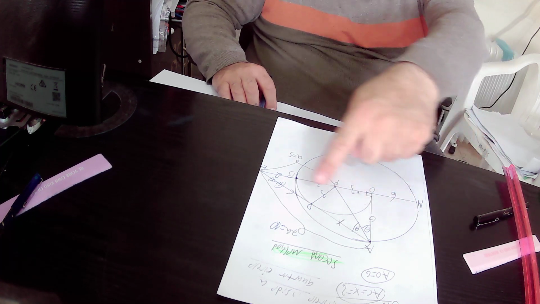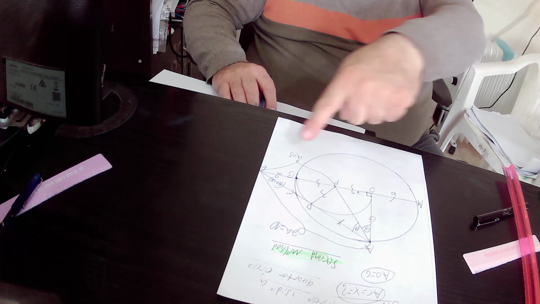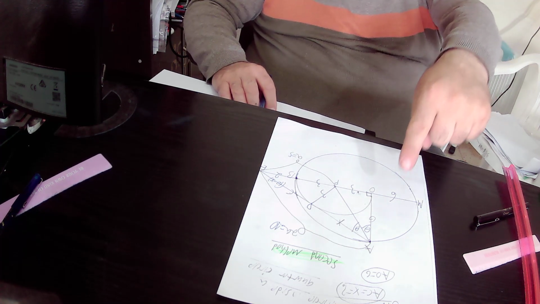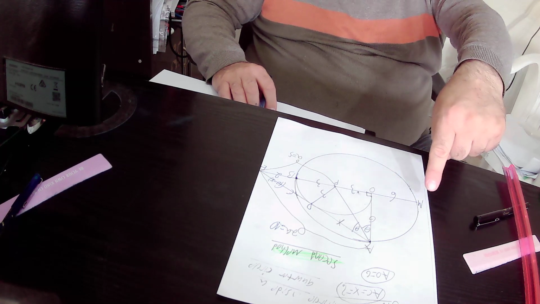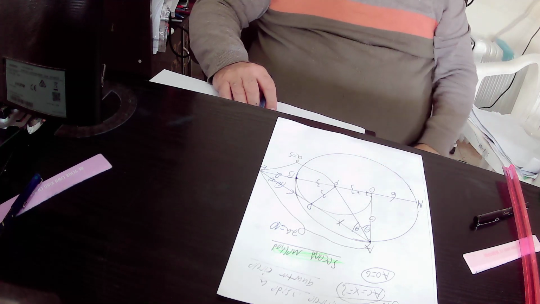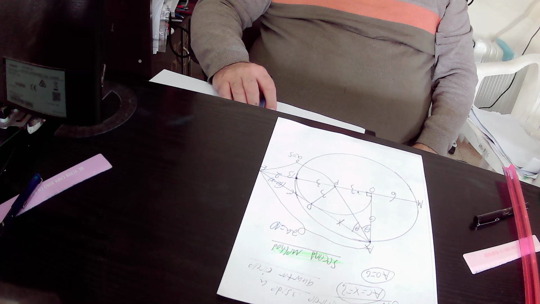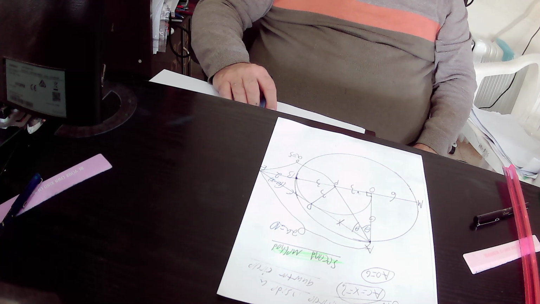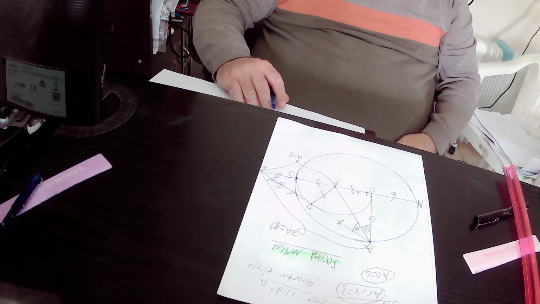Again, chord AC intersects with chord MB at point E. Point E is the intersection point of chord AC with chord MB. And point E is outside the circle. The intersection point is outside the circle, therefore we can implement rule number 3 in our drawing.